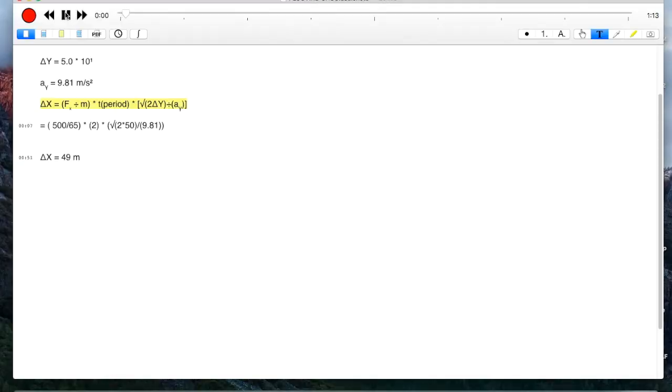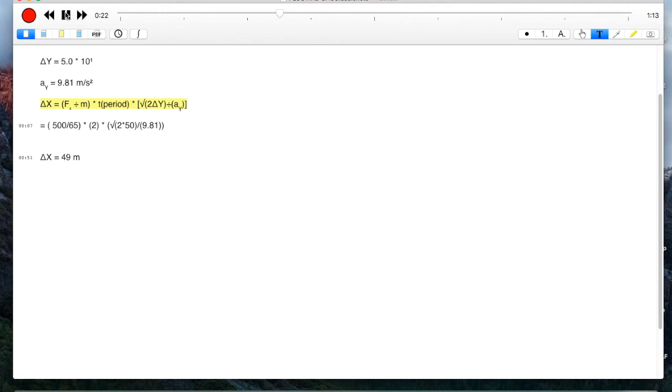Okay, so now that we have found our final equation, we're now going to plug in our values, and we will get that delta x is equal to 5.0 times 10 to the second, which ends up being just 500, divided by 65 kilograms.